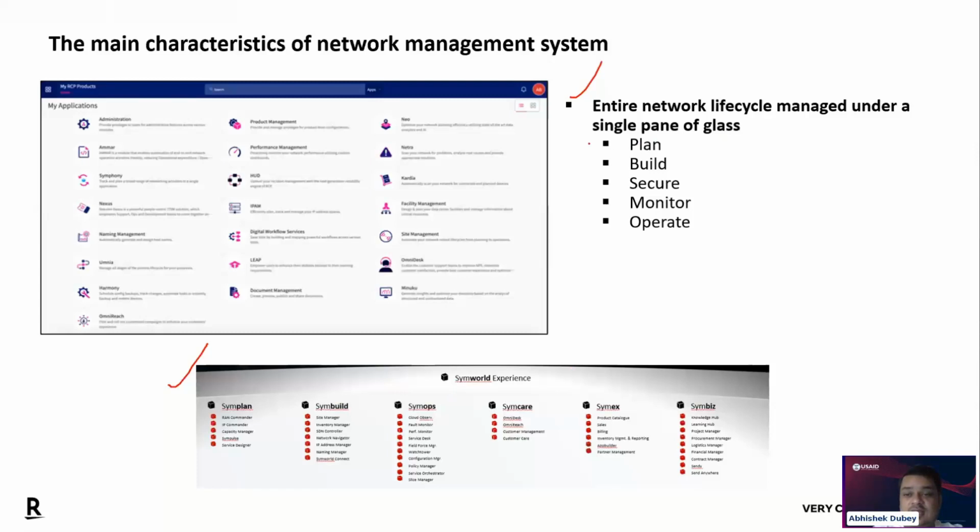It starts from plan and build, whether it's logistics or warehousing, you can do it with the same tool. It's secure. You can monitor from here, and if you want to optimize or fine tune, you can do it from here. Same tool and multiple things that enhance your automation and reduce the chance of error or mismanagement.